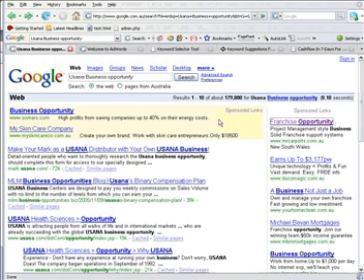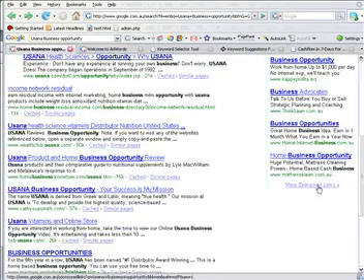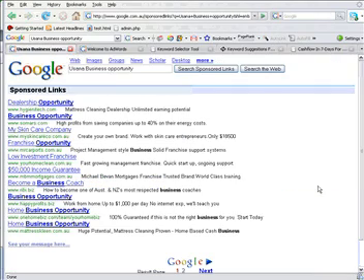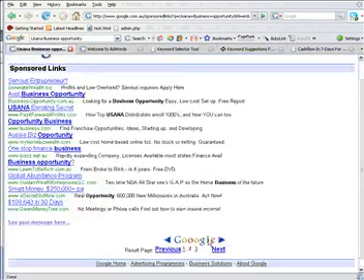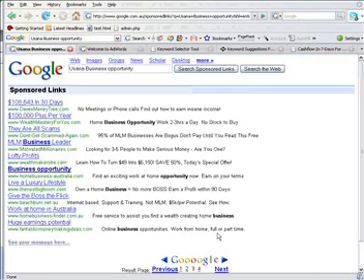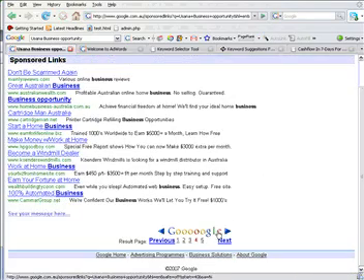There are so many people that are bidding on the same keywords as well. All the people who are promoting the USANA business opportunity are trying to get their ad to appear over here. And there are so many of these. If you go to more sponsored links here, you can see all the different ads that are appearing, and press next, next, next, and it will just keep going through.